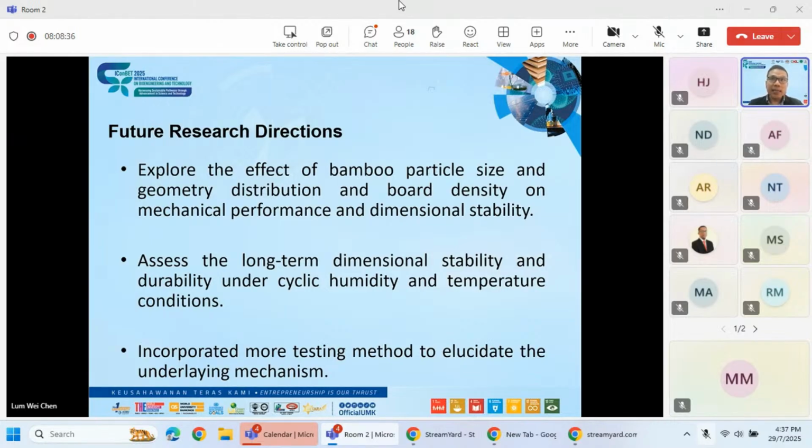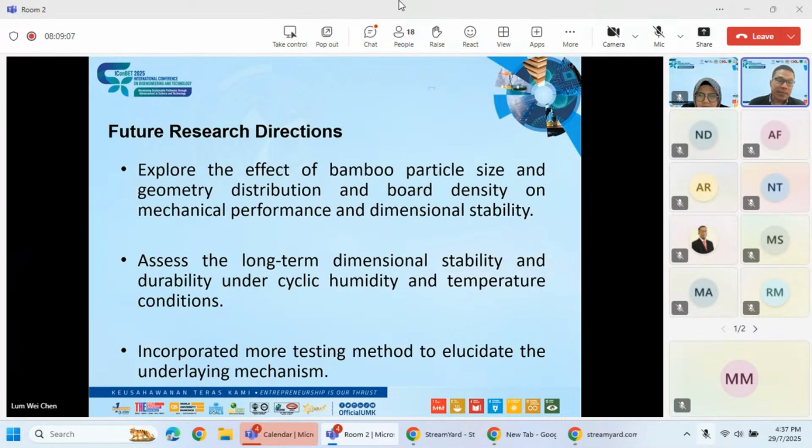According to the standards, above type 13 we have type 18 and type 23. So in order for us to produce a higher grade of particle board, we need to explore other aspects such as the bamboo particle size and the geometry distributions. And next, we can also assess the long-term dimensional stability and durability under cyclic humidity and temperature conditions.